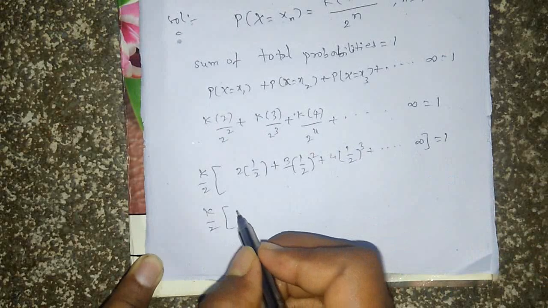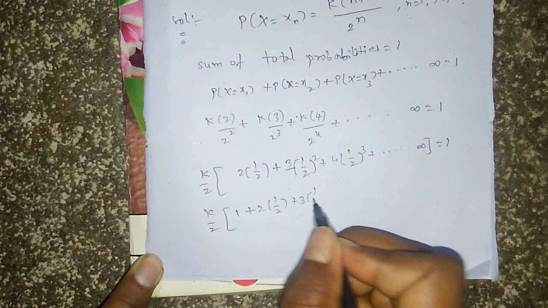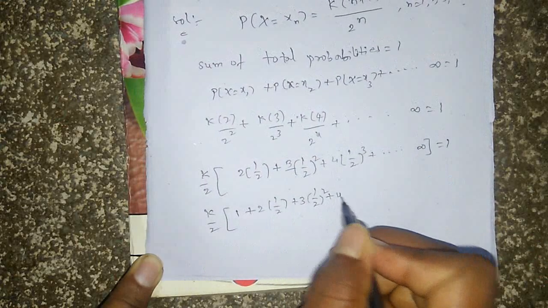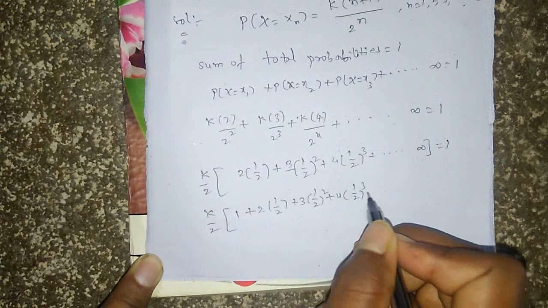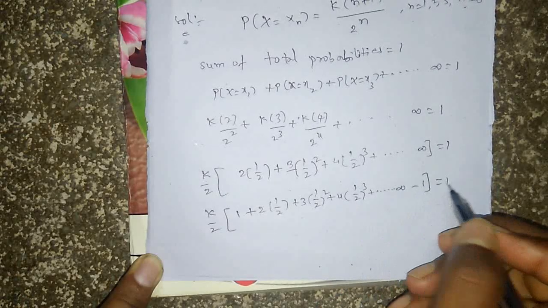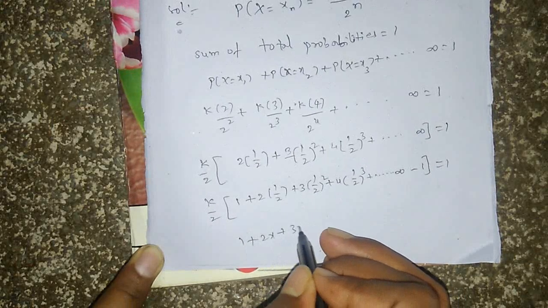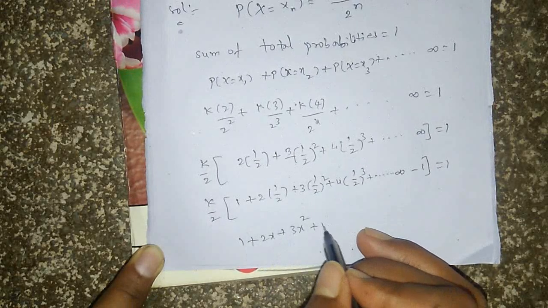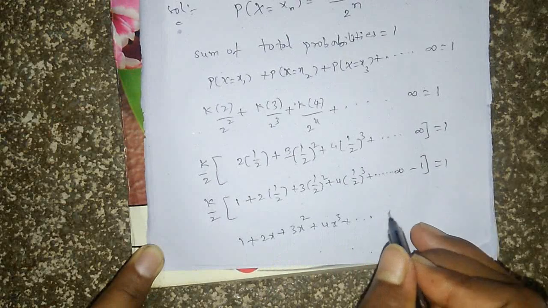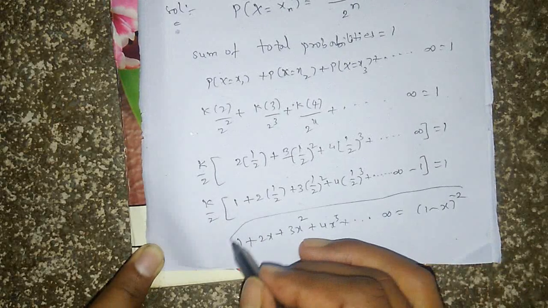So here we can add and subtract 1: 1 plus 2 into 1 by 2, 3 into 1 by 2 square, 4 into 1 by 2 cube and so on to infinity, minus 1. So we have a formula: 1 plus 2x plus 3x square plus 4x cube plus and so on up to infinity is equal to 1 minus x power minus 2.